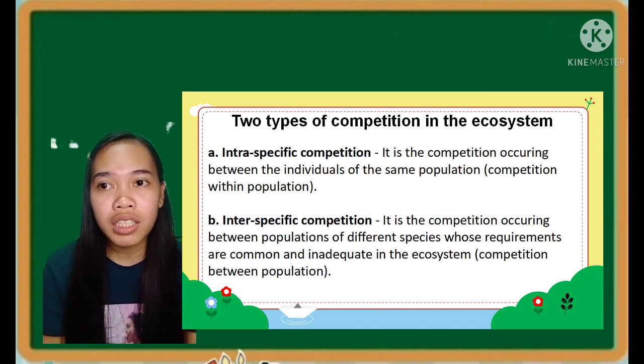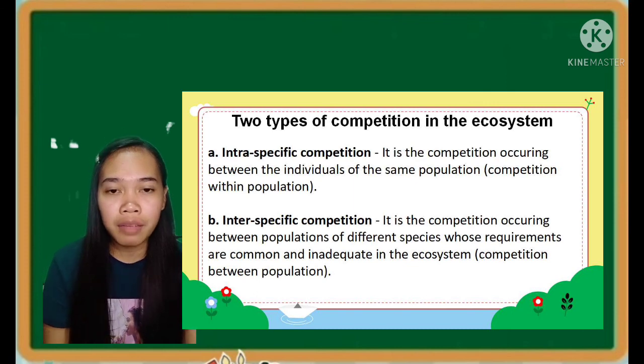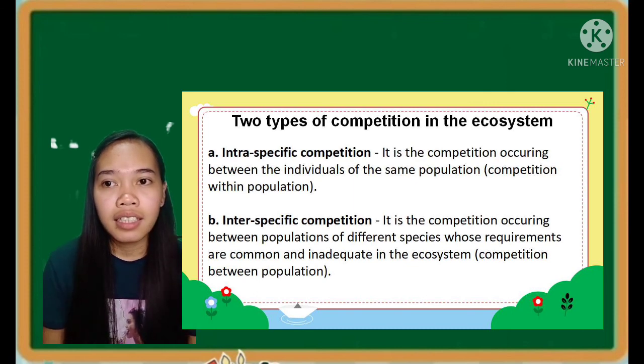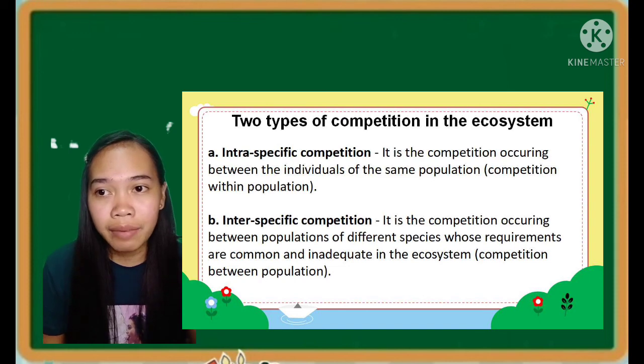Intraspecific competition is the competition occurring between the individuals of the same population. It is also called scramble competition. Intraspecific competition is an important density-dependent factor regulating population size. It is also responsible for the even distribution of individuals of the species in any ecosystem.